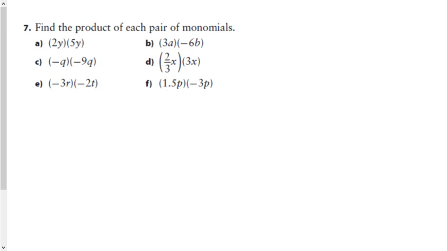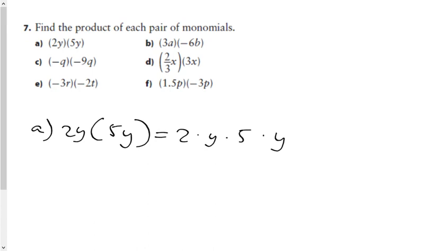And the second method we learned for how to find the product of a monomial times a monomial, if we think of 2y multiplied by 5y, it's really the multiplication of a 2 times a y times a 5 times a y, right? And because of the commutative property of mathematics, the order in which you multiply a string of numbers together does not affect its product.